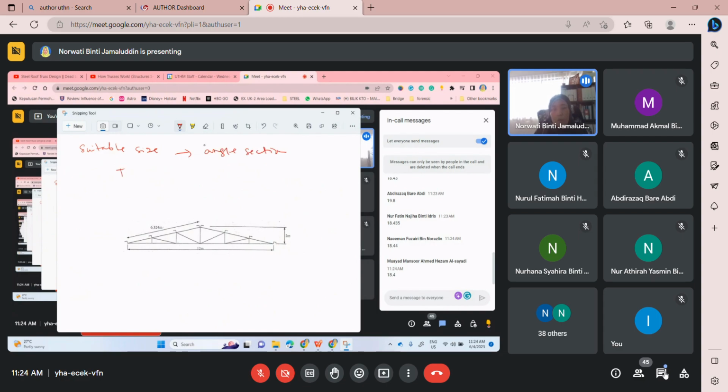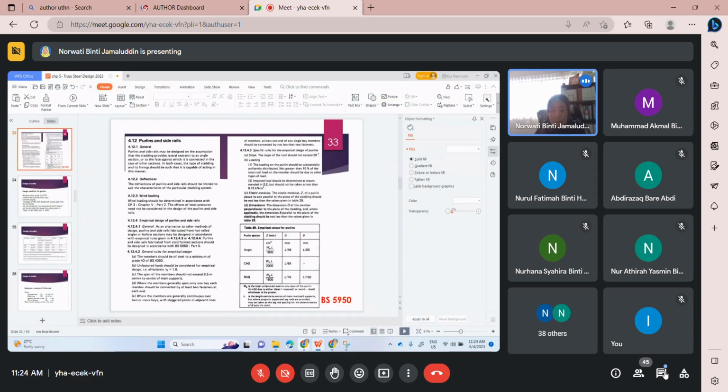So referring to Table 29, we refer to the angle section, where Z, the limit, the minimum value, I told you yesterday, indicates the minimum value that you need to fulfill.